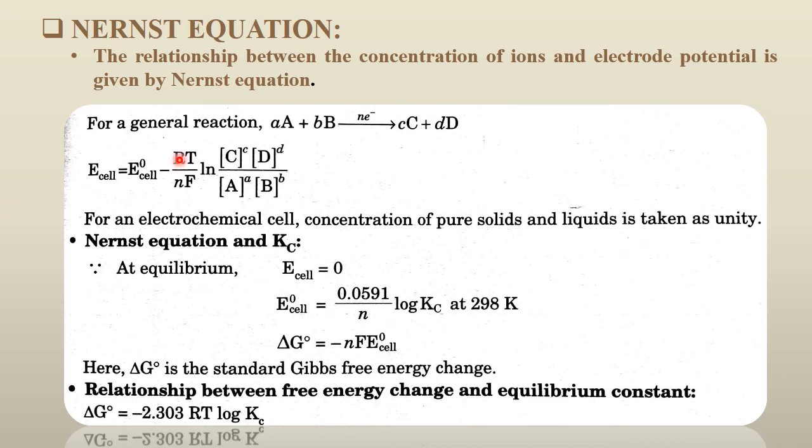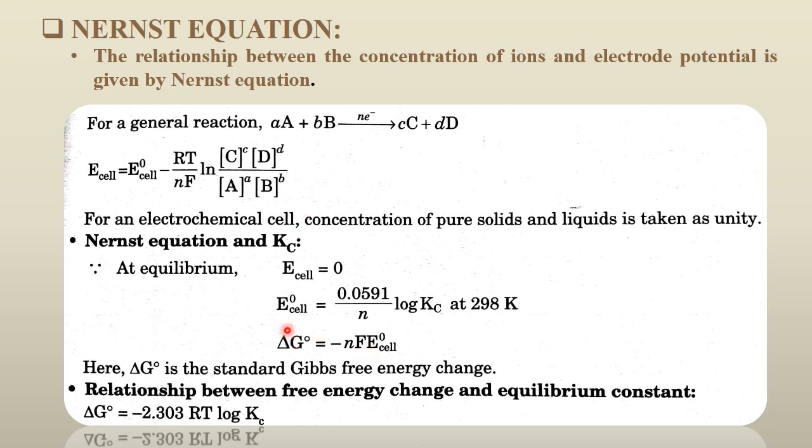So we have various values of the real gas constant. Temperature 298, F 96500. By substituting all these values, we get 0.0591. Then natural log is converted into log, and log Kc, because we are going to calculate the equilibrium constant.